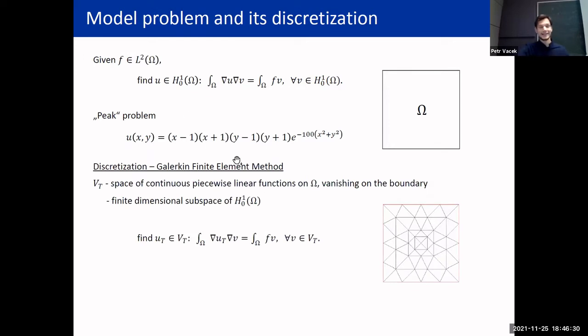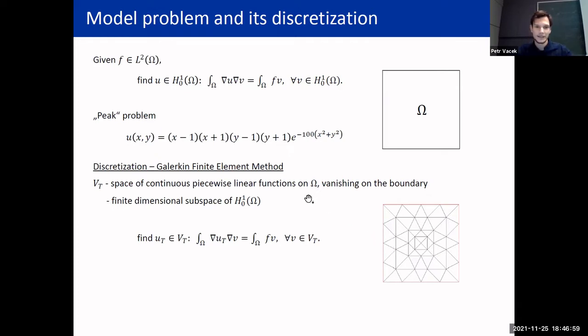Okay, so we will discretize the Poisson equation using the continuous Galerkin finite element method. We consider a triangulation of the domain omega, and we are searching for the approximate or discrete solution in the space of continuous piecewise linear functions, piecewise linear corresponding to the triangles.